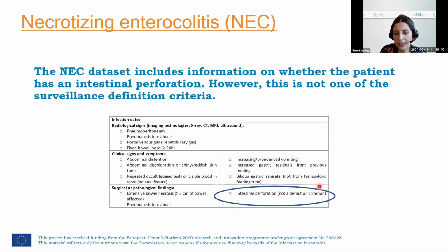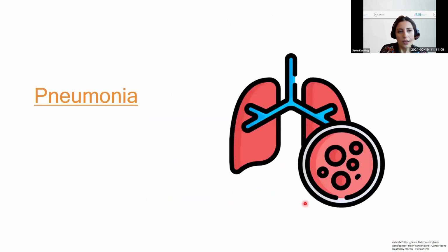It's important to know that it's not a definition criterion, it's just data we collect for later data analysis purposes. So if you only mark this part, it wouldn't be a NEC criterion fulfilled. You would need, again, either a combination of the upper part or one of these. This is only for data analysis purposes.